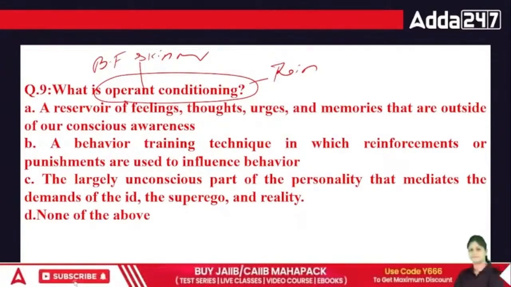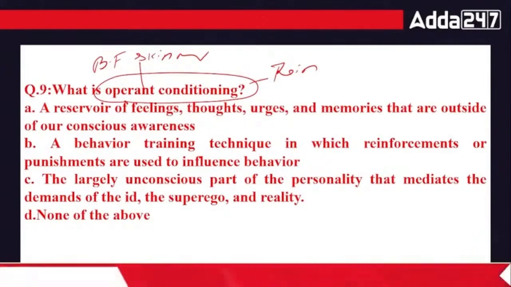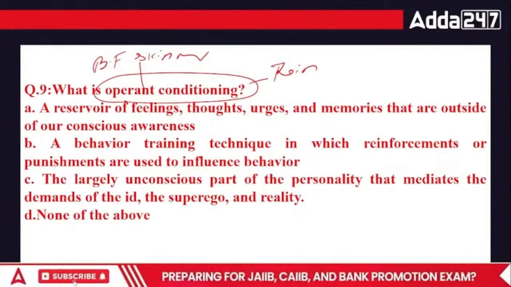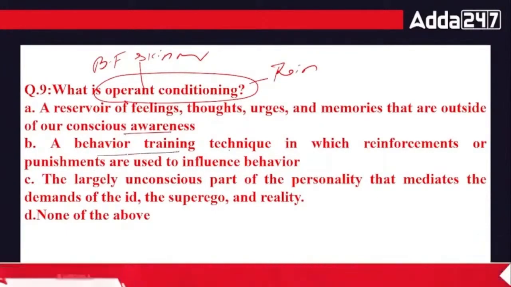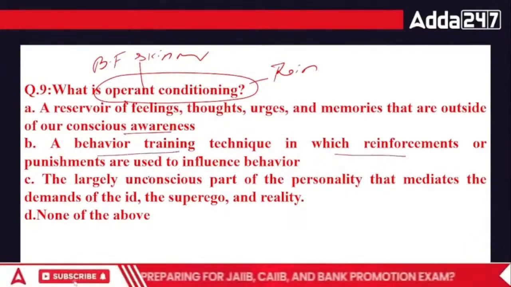So here the options: number 1, a reservoir of feelings, thoughts, urges and memories that are outside of our conscious awareness. B, a behavior training technique in which reinforcement or punishment are used to influence behavior.